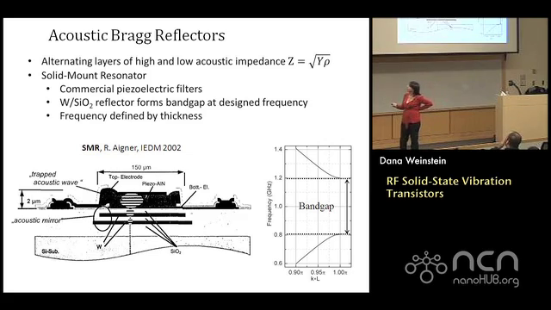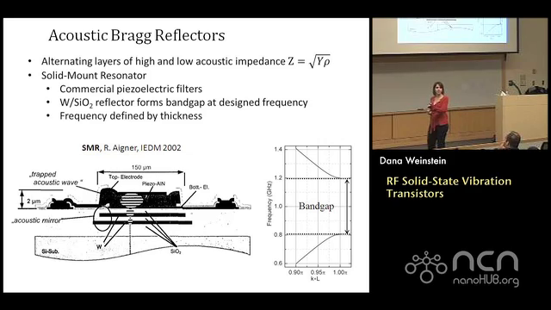What you see here is a solidly mounted resonator. This is a piezoelectric film sitting on top of a substrate, so it's not released, right? And to get the acoustic confinement, they pattern high and low acoustic impedance materials, in this case tungsten and oxide, in order to get, at a particular frequency, a very good acoustic mirror.